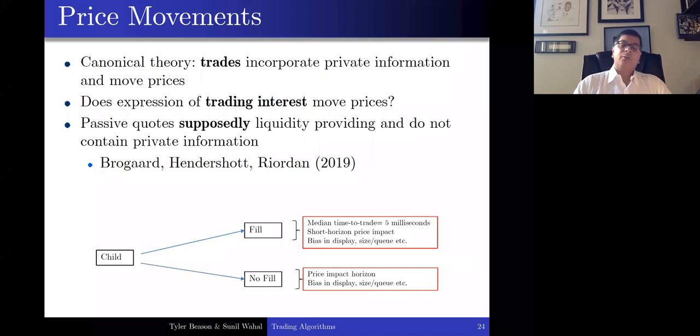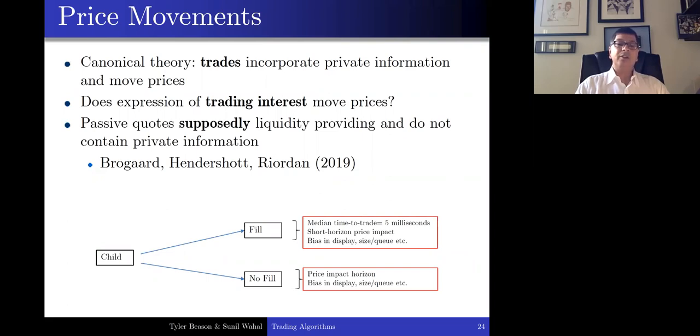You can have zero profit conditions or monopolies in there, but regardless, that's what's going on in those models. And so the question that we're going to ask here is whether the expression of trading interest, i.e. those limit orders, move prices, and those child orders, whether they move prices.